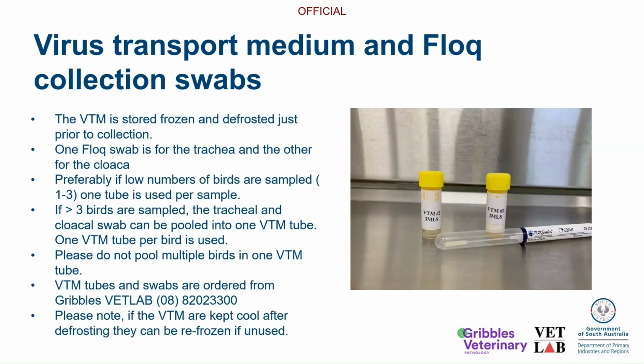But if you're sampling more than 3 birds, pooling of trachea and cloaca from the same bird in one tube is fine.